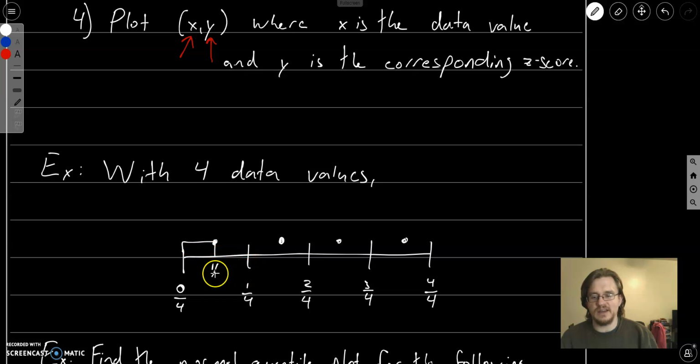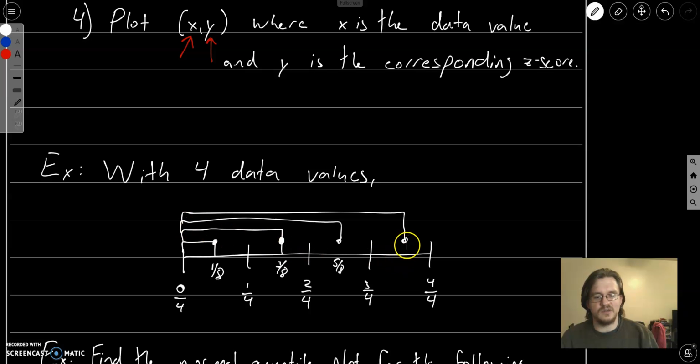So this is in fact going to be 1/8. If I look to the left of this guy, this is going to be 3/8. To the left of this one will be 5/8, and to the left of this guy is going to be 7/8.